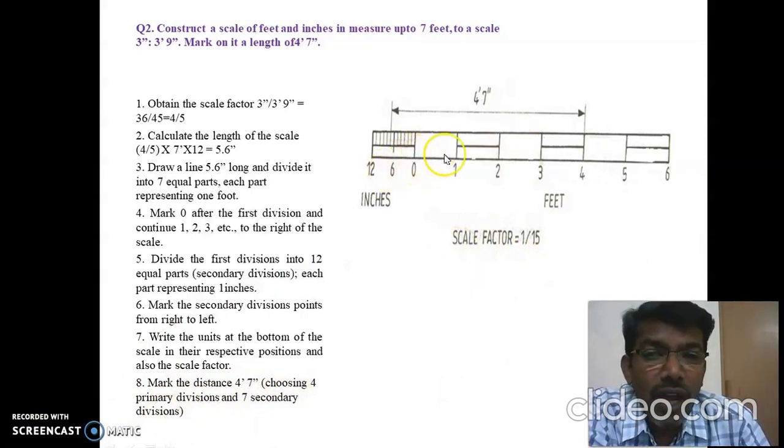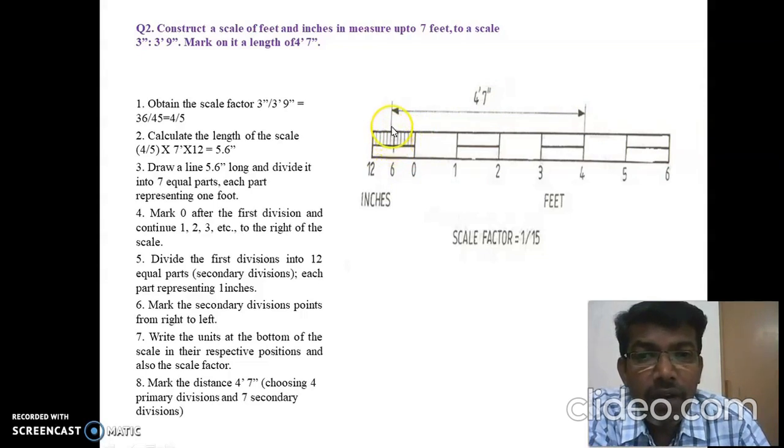So this is 0 and this is 1 foot, this is 2 feet, this is 3 feet, then this is 4 feet. So now I will draw a line here. Then next I want 7 inches. 4 feet is over, and next I want to have 7 inches. So 7 inches I will select on the left hand side of 0, that is 1, 2, 3, 4, 5, this is 6 midpoint, and this is 7.